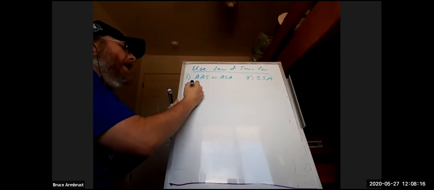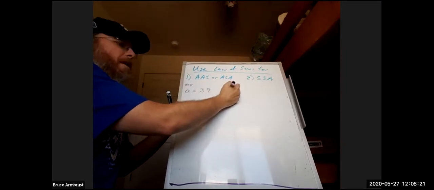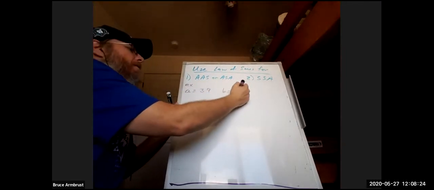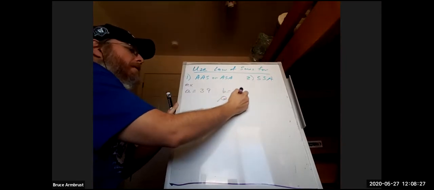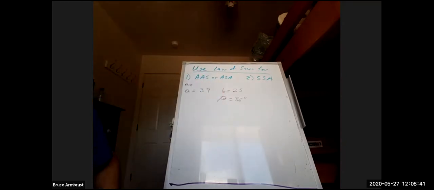What if I told you we've got A equal to 39, B equal to 25, and beta equal to 36 degrees. So I just gave you two sides and an angle. That means we're looking for the other side, C, and the other two angles.